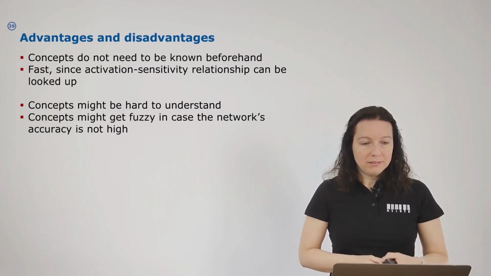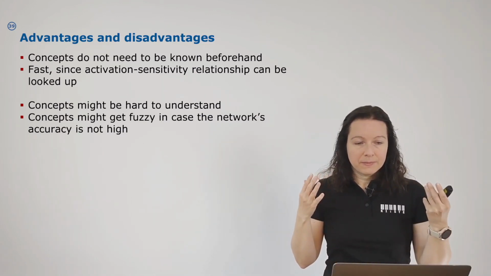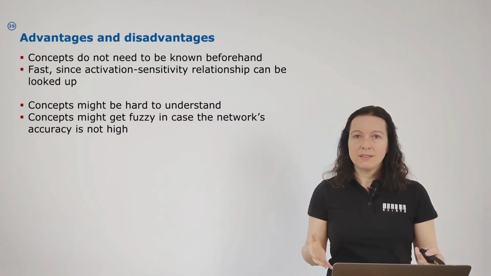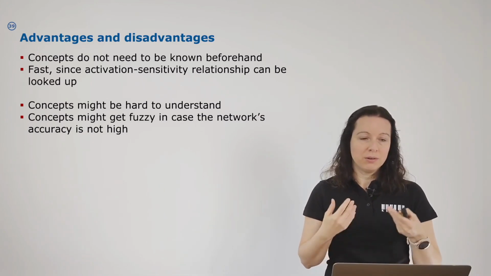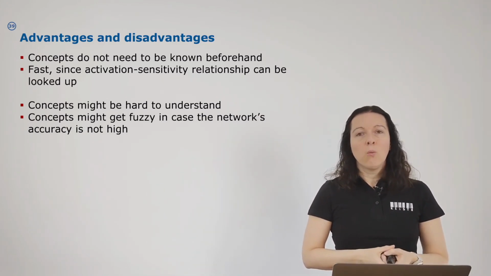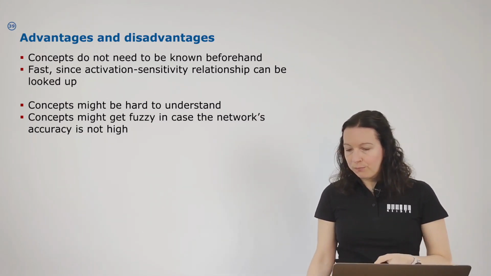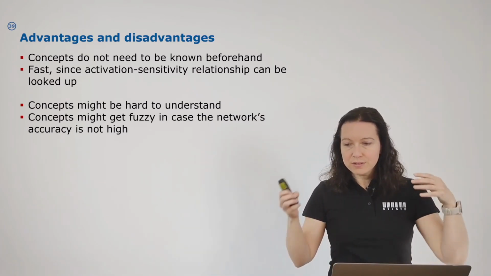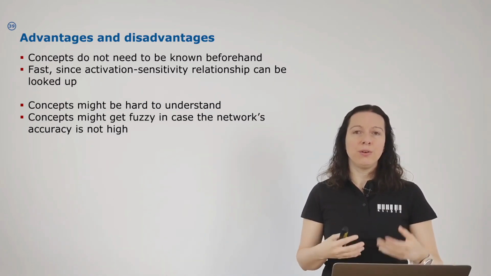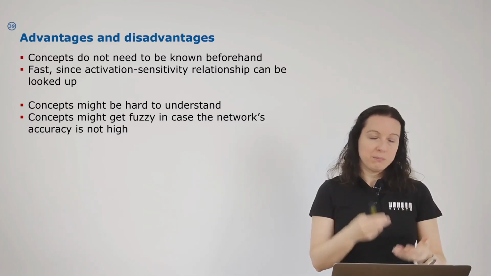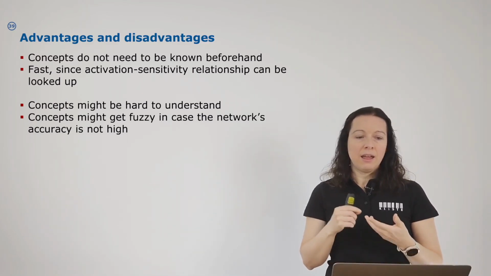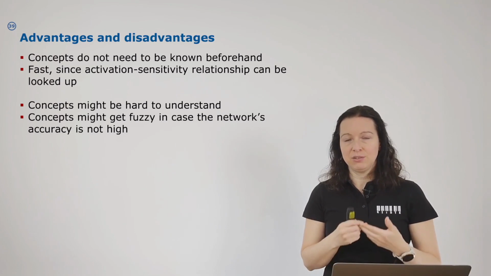Okay, with this, this is the end of this lecture and also the course about explainable machine learning. The goal of this whole course was to give you a first impression of what explainable machine learning is and what are the possibilities. So what can you do?